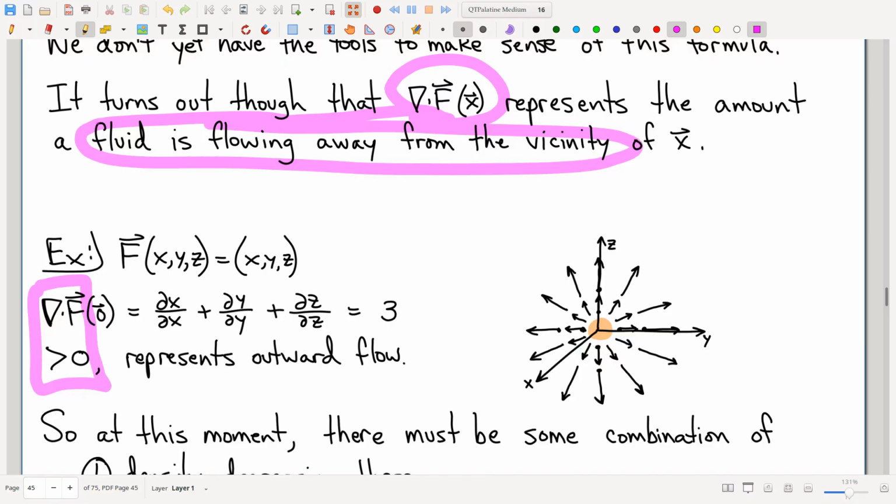Good. That's what the picture looks like. Positive divergence, and sure enough, look at all this fluid flowing outward away from where we evaluated it. So again, that doesn't prove anything, but it tracks. If nothing else, this is the image I'm trying to conjure in your mind when we say this description up here.